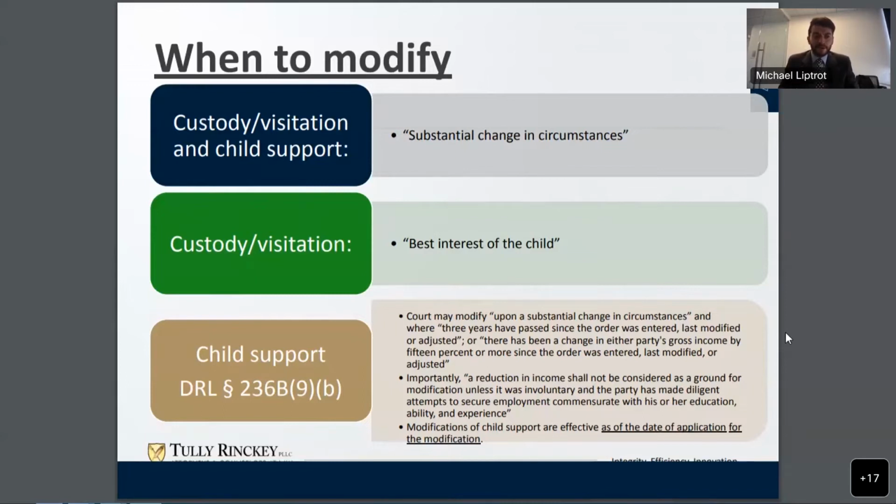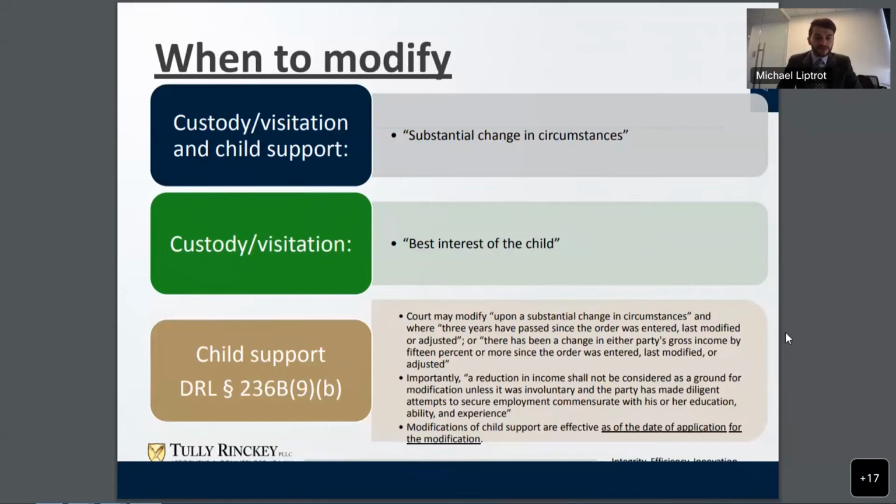That might be a change from the original order, and it might even be a substantial change if it's really a significant difference. But you also have to be able to explain to the court why what you're asking to do is going to be a benefit to the kids and not just to your own benefit. That's with respect to custody and visitation, that best interest analysis.